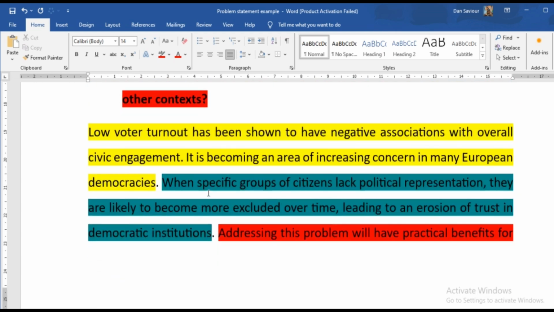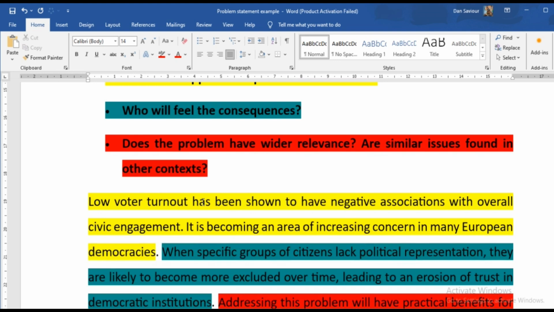Is that when specific groups of citizens lack political representation, that is under 25 years of age representative of the country, if they refuse to vote, right? We found out that they are likely to become excluded over time, leading to an erosion of trust in the democratic institution.